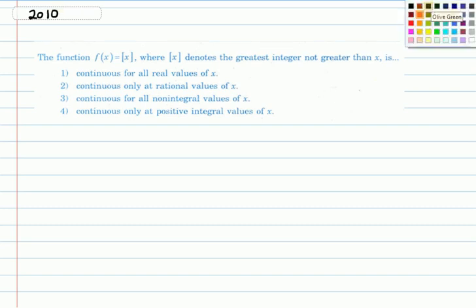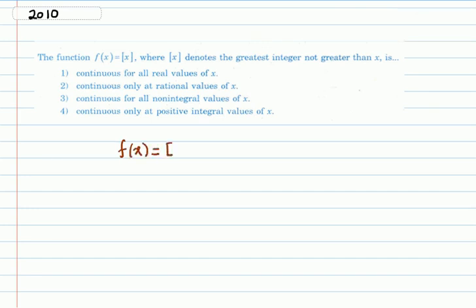If f of x is the greatest integer function, we all know what the greatest integer function means. The answer for 1 is 1, and the answer for 2 is 2.